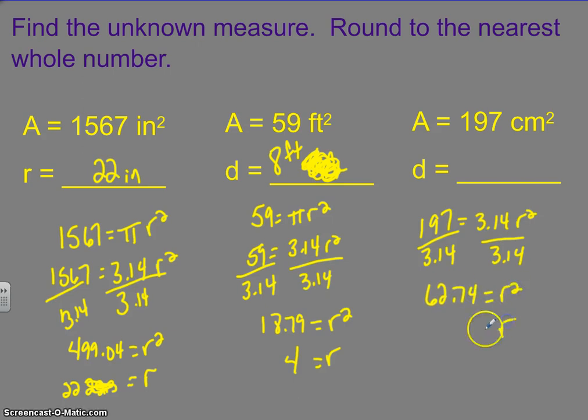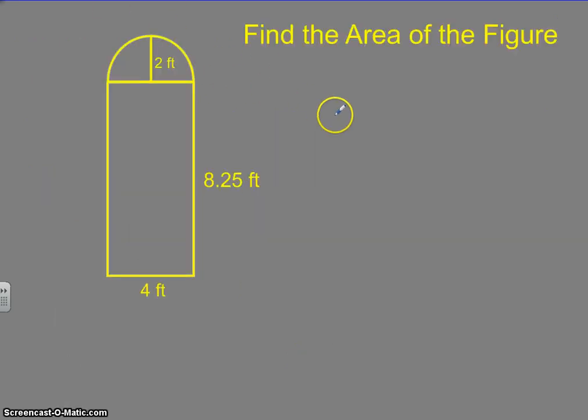Take the square root. I get 7.92, which is going to be 8. So if the radius is 8, the diameter is 16, and it's going to be centimeters. Okay, don't forget that. If you're looking for diameter, double the radius once you find it. Okay, you saw me make that mistake.